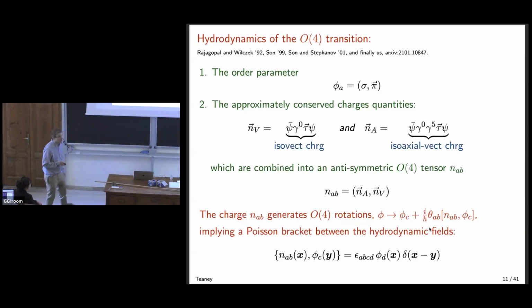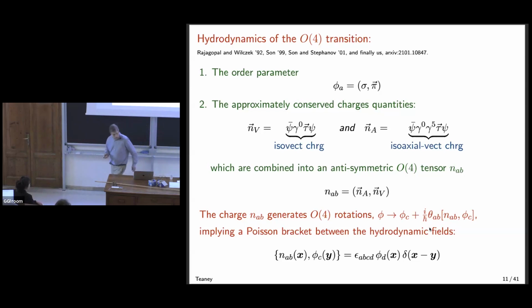So you just have these conserved charges, and you would take these two isovector charges and combine them into an O4 multiplet, an antisymmetric tensor N^{AB}, in much the same way that you combine E and B into the electromagnetic field strength F^{\mu\nu}. The algebra is sort of equivalent.